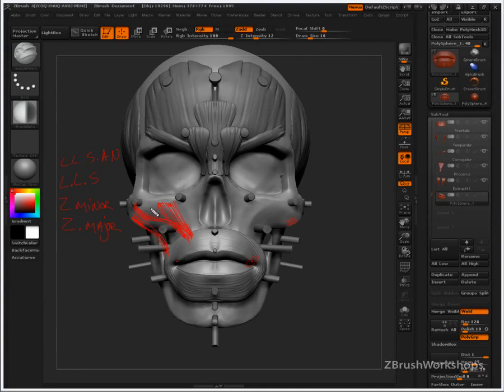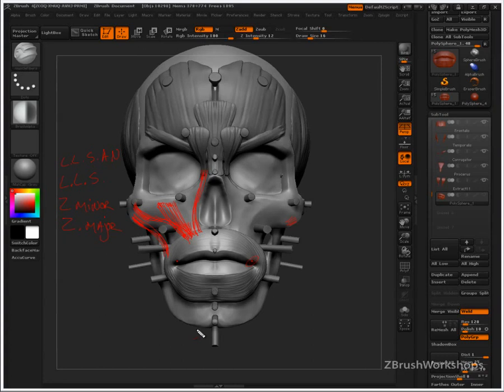The one right next to it, the levator labii alaeque nasi, say that 10 times, that one is going to originate up here with the depressor supercilii. It's going to flow down along the nose, the nasal bone, and insert into the upper portion of the orbicularis oris. Technically speaking, this has got two parts to it.